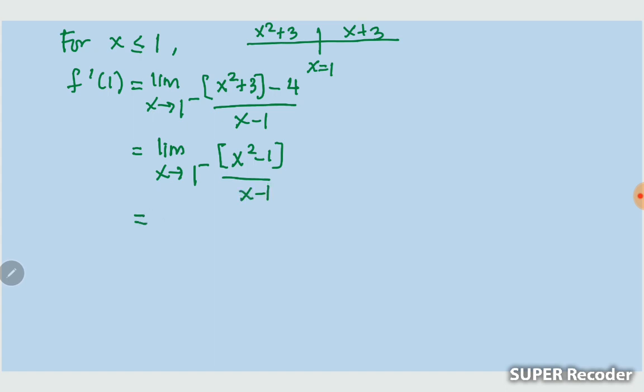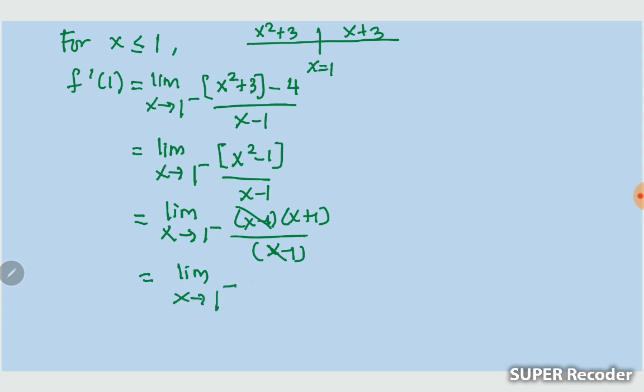You will factorize: the limit when x approaches 1 from the left for x minus 1 multiplied by x plus 1 over x minus 1. Cancel out x minus 1. So the answer is the limit when x approaches 1 from the left for x plus 1, that is 2.